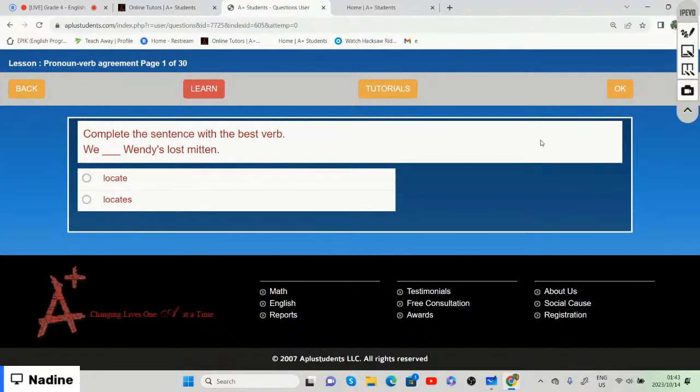Remember, if it's a singular subject, only referring to one person, whether you are mentioning the person's name, which is a noun, or you are saying he, she, it, which is the pronoun, when we use the word singular, we have a singular verb also.